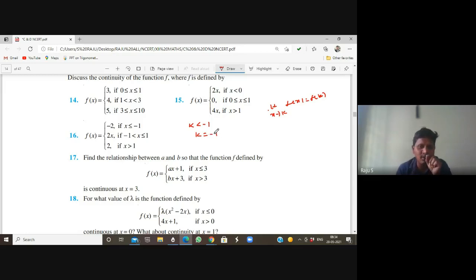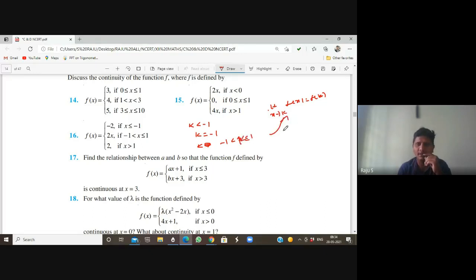Now in this case, you can find left hand continuity, right hand continuity, and f of -1. At this particular point, you can find limit x tends to -1 minus and -1 plus. Next, k value lies between greater than -1 and lesser than or equal to +1.